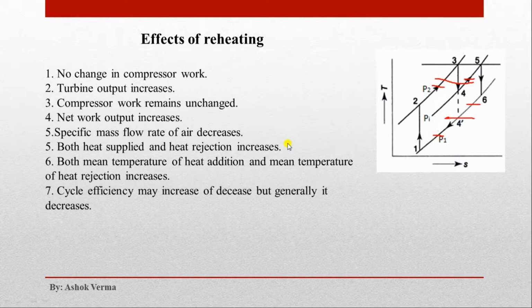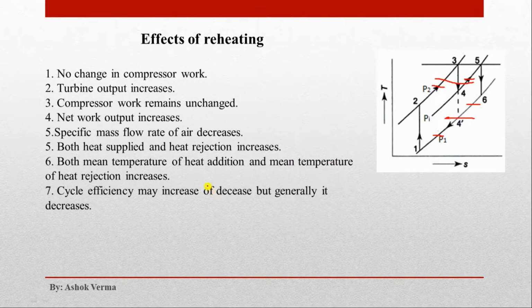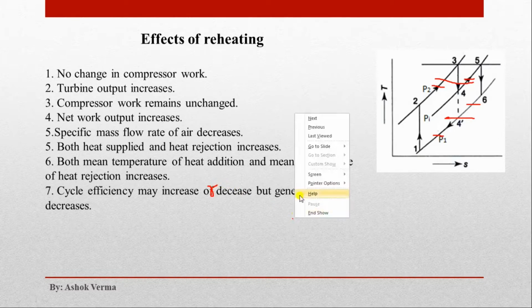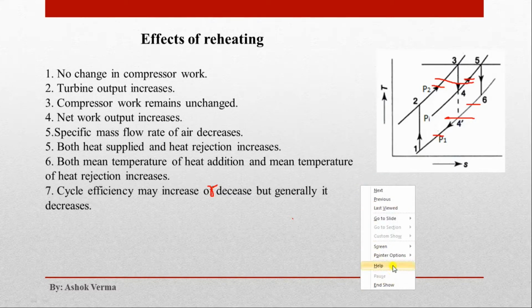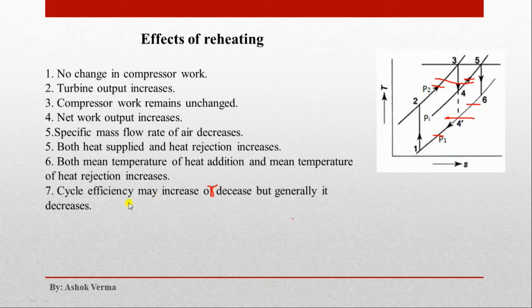Cycle efficiency may increase or decrease. Sorry, this is 'or'. So cycle efficiency may increase or decrease, but generally it decreases, since work output is increasing and heat supply is also increasing.